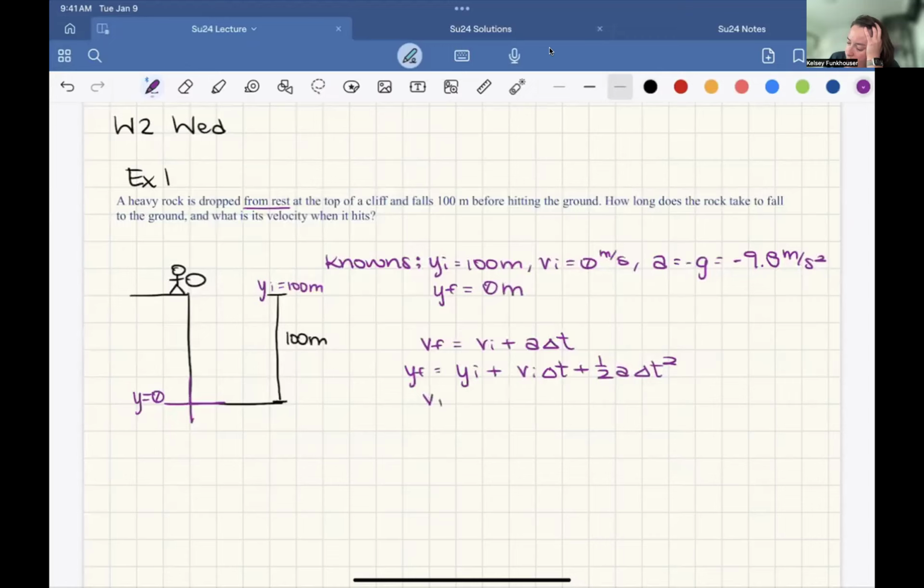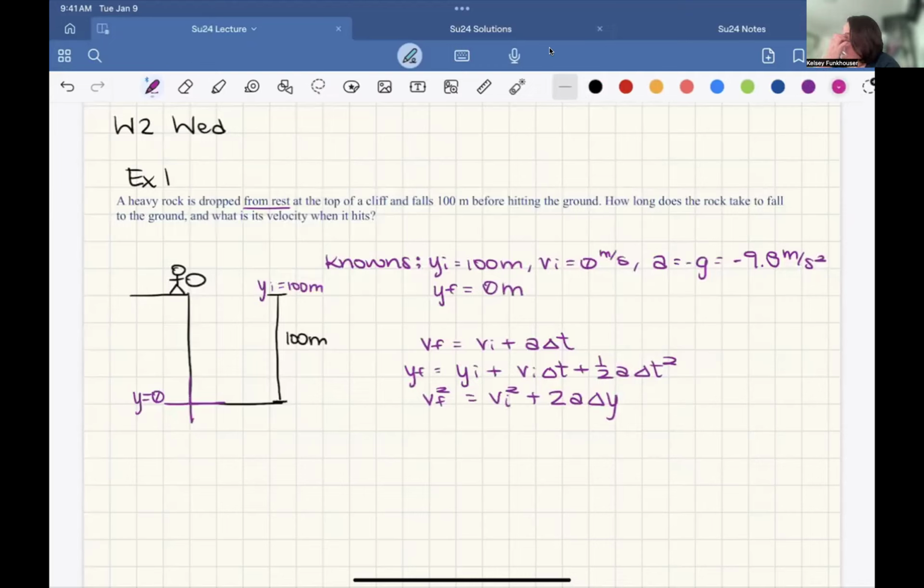And finally, final velocity squared equals initial velocity squared plus 2 acceleration times the displacement. And you'll notice that the acceleration and velocity here don't have a subscript of y, because we're only dealing with things in one direction. So that way we don't have to write as many things.